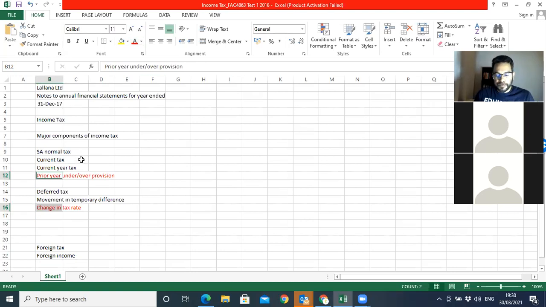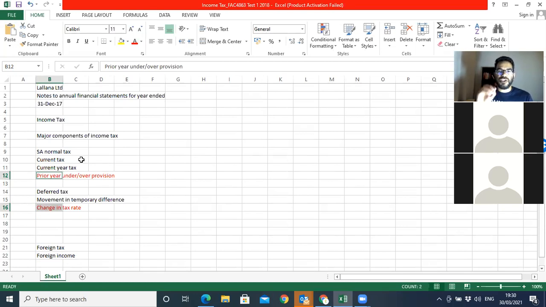So once again, the way you think of it, you prepare your statement and you do the income tax note. Which income tax note are you doing? The major components. For the major components, we split between local and foreign. The local we call SA normal tax. Under SA normal tax, we have two further splits, which is current tax and deferred tax.